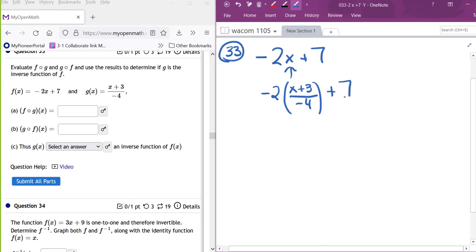All right, so G is inside of F. Okay, that looks good.